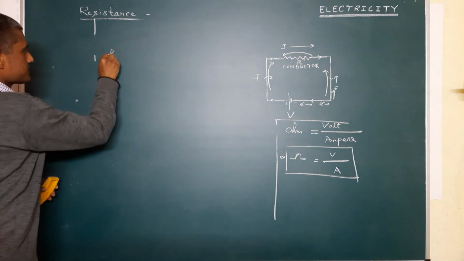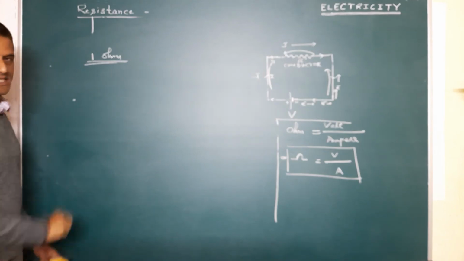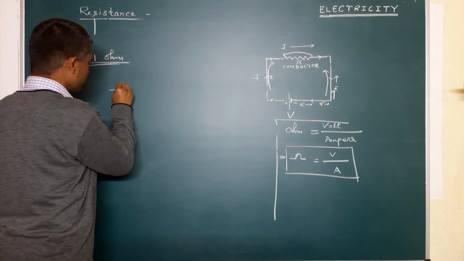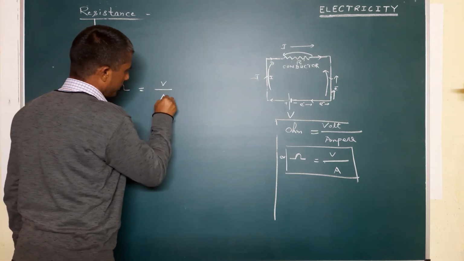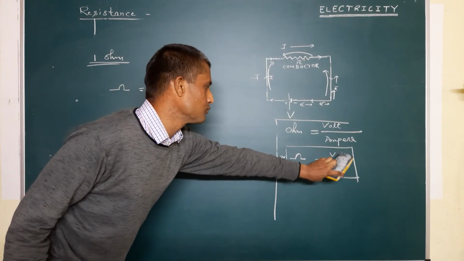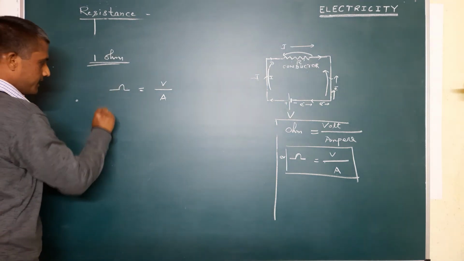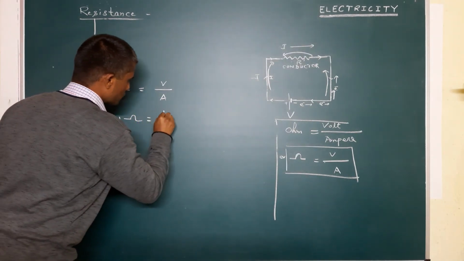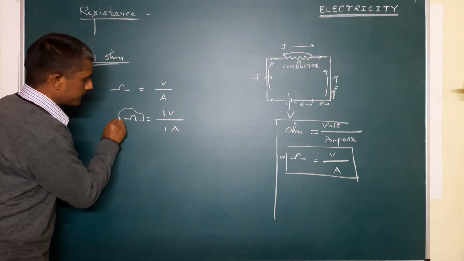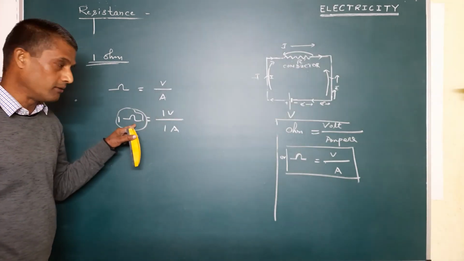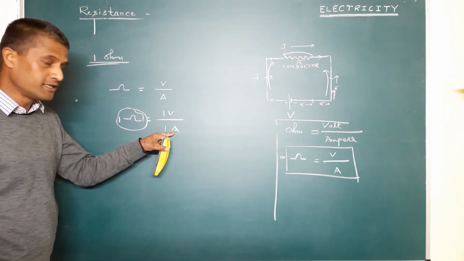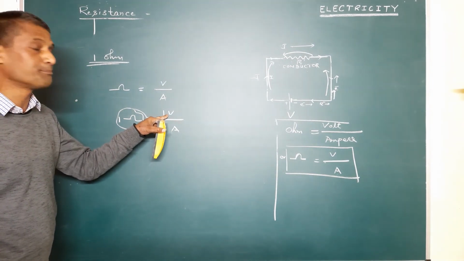And now we are going to understand what is 1 ohm resistance. In order to understand 1 ohm resistance, as we know, ohm is equal to V upon A. That's what we have just found over here. Now we are going to apply 1 ohm is equal to 1 V upon 1 A. Now the resistance of a conductor is said to be 1 ohm when 1 ampere current flows through a conductor under the action of 1 volt potential difference.